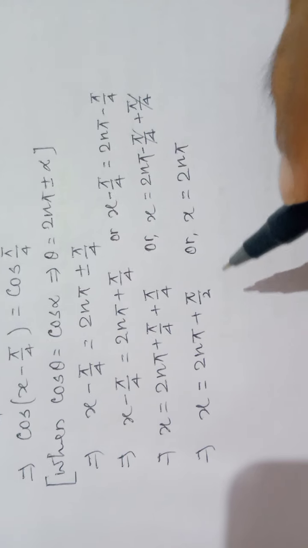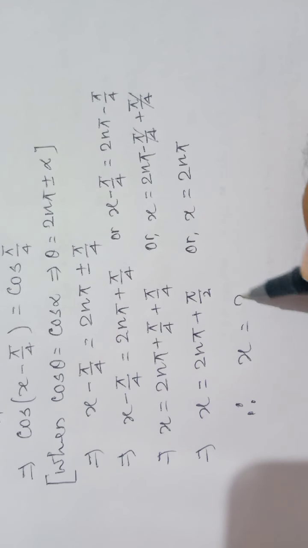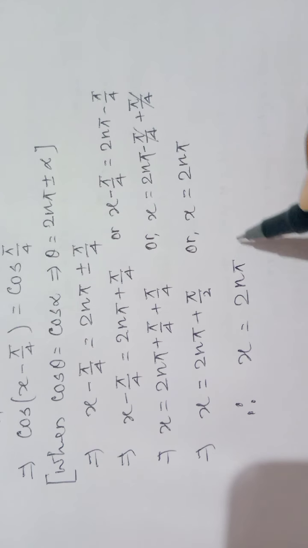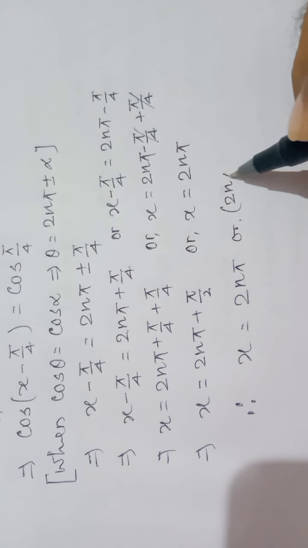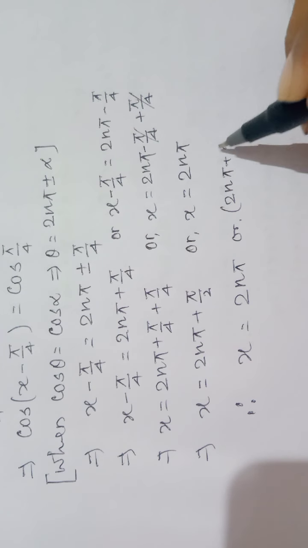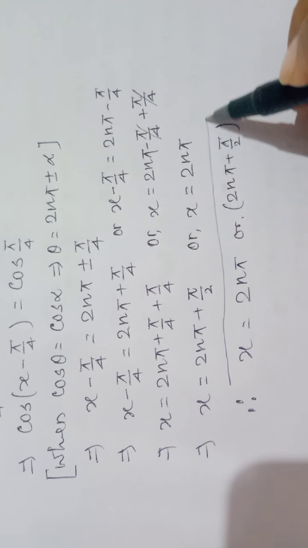Hence our general solution is x is equal to 2n pi or 2n pi plus pi by 2. This is our general solution.